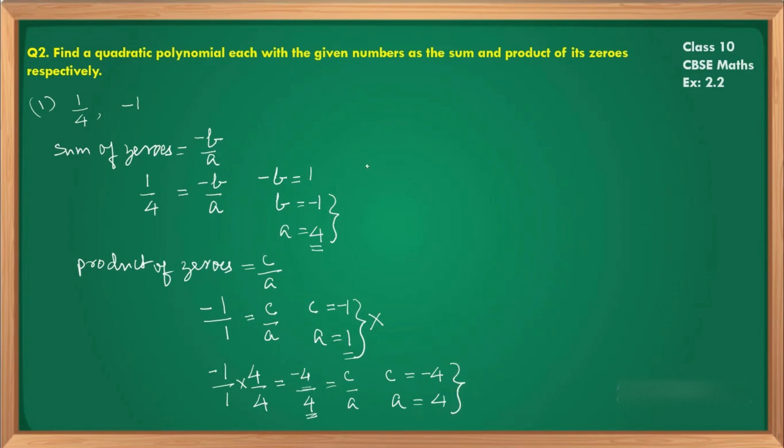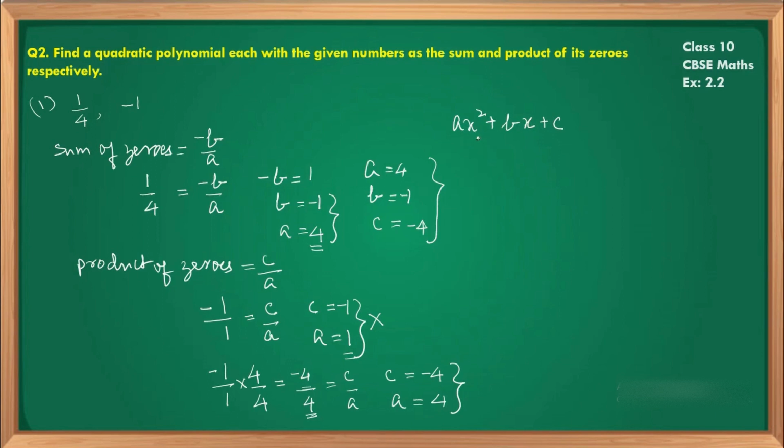Now in summary, we have a equal to 4, b is equal to minus 1, and c equals minus 4. Now these are the values of a, b and c. With this we can form the quadratic equation. We know very well the general form is ax square plus bx plus c.